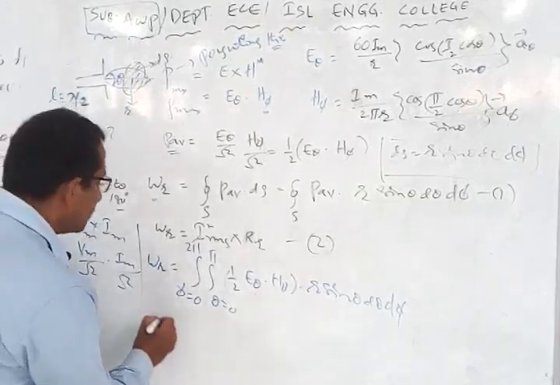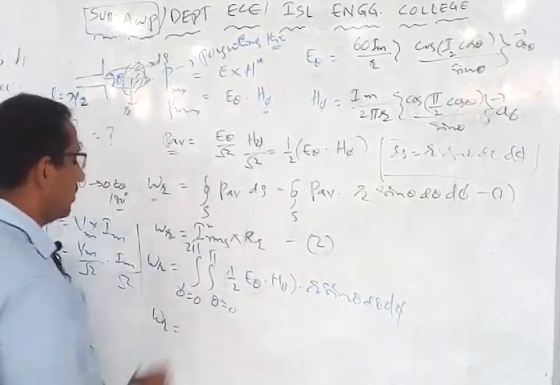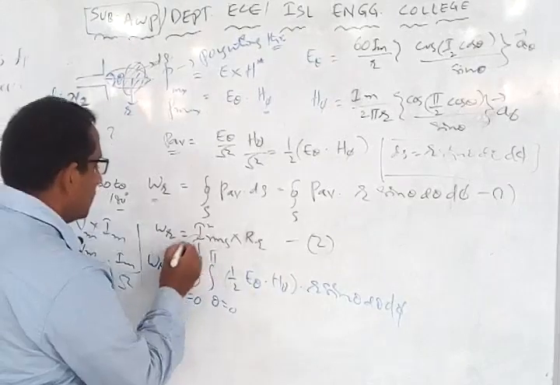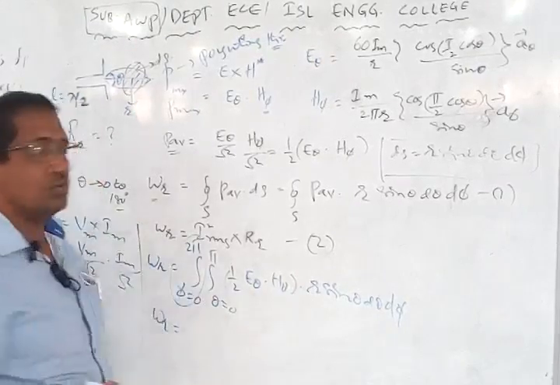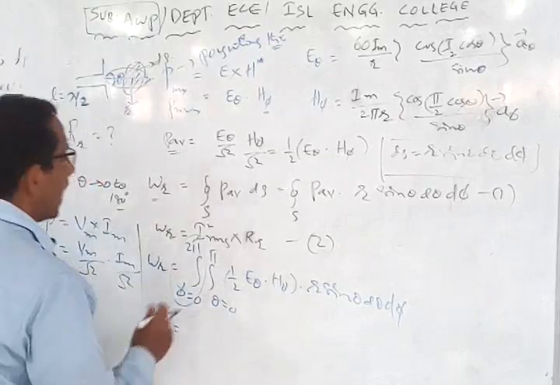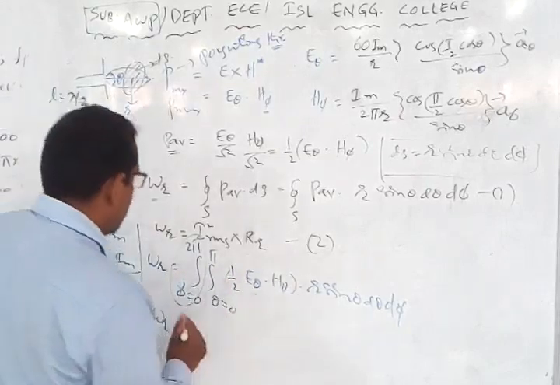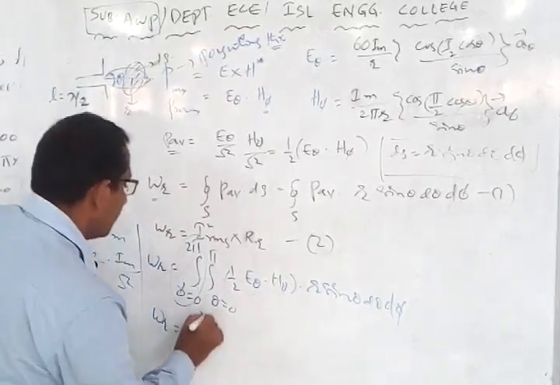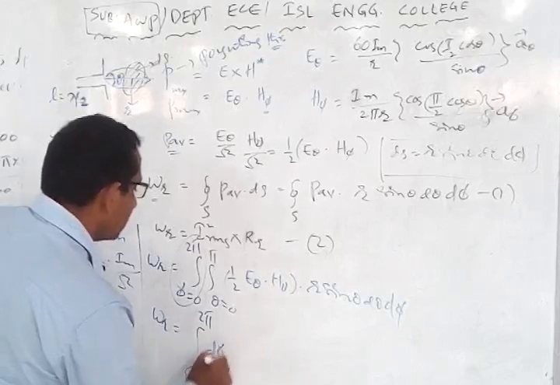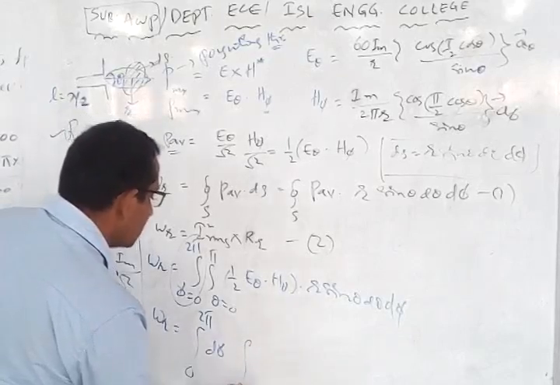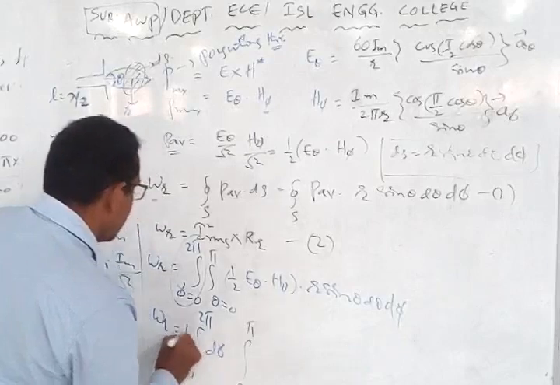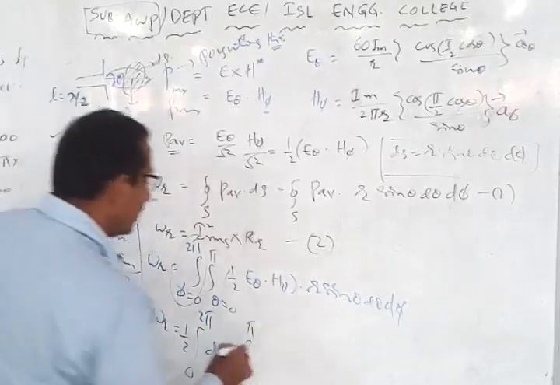Now W R is equal to, this phi axis is totally uniform for us, therefore I will separate these two integrations. 0 to 2 pi d phi, integration theta equal to 0 to pi. 1 by 2 is a constant, I will take it outside.